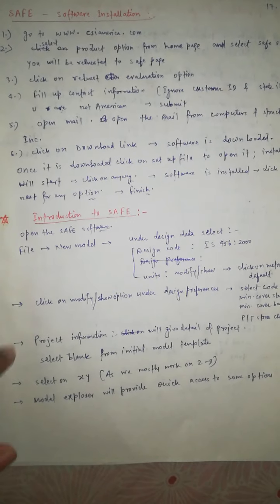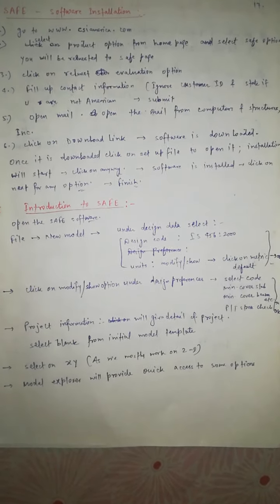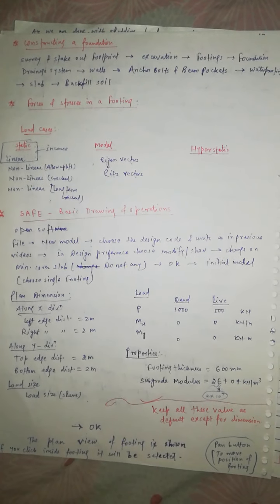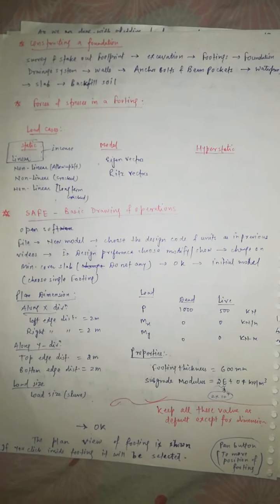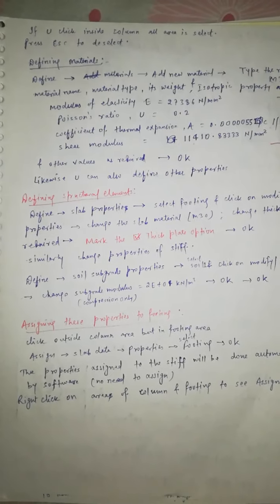These are the introduction to SAFE, how to initialize the model, and the basic drawing and operations in SAFE software. You can see every step here. This is the start. You can initialize by these steps. These are further steps.